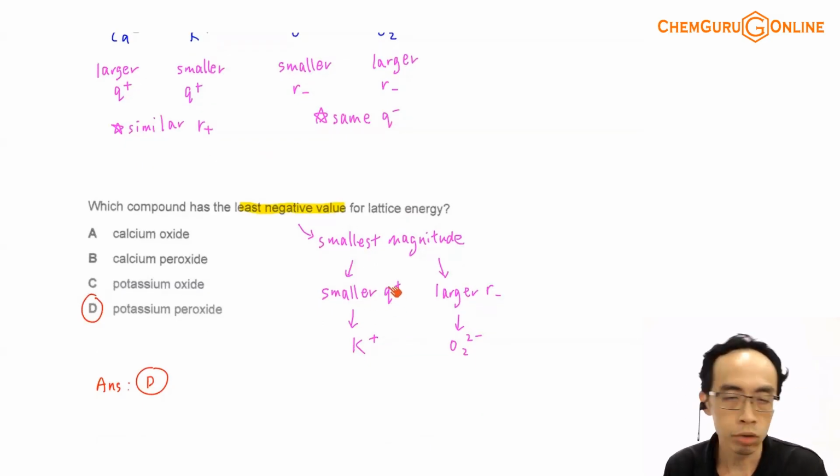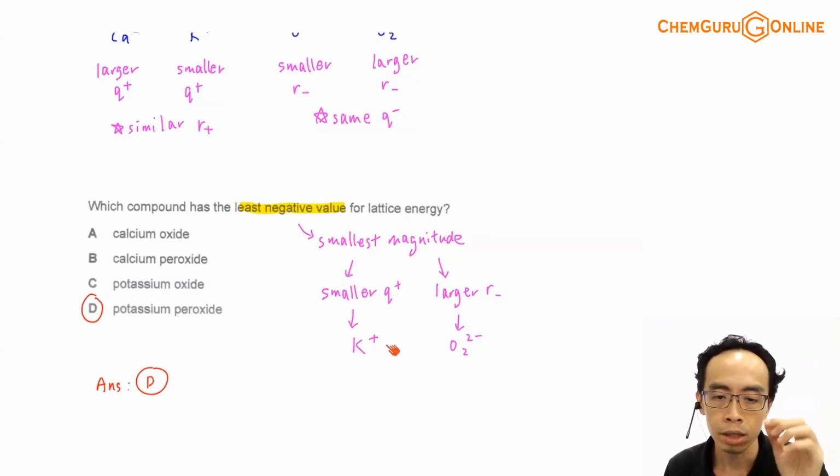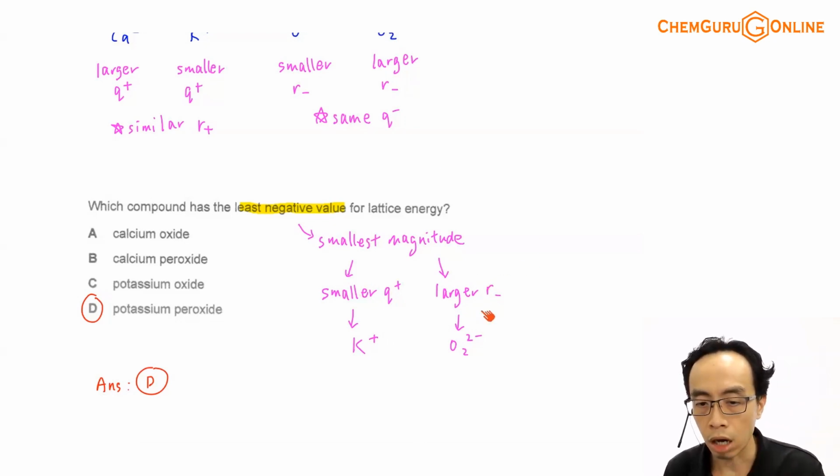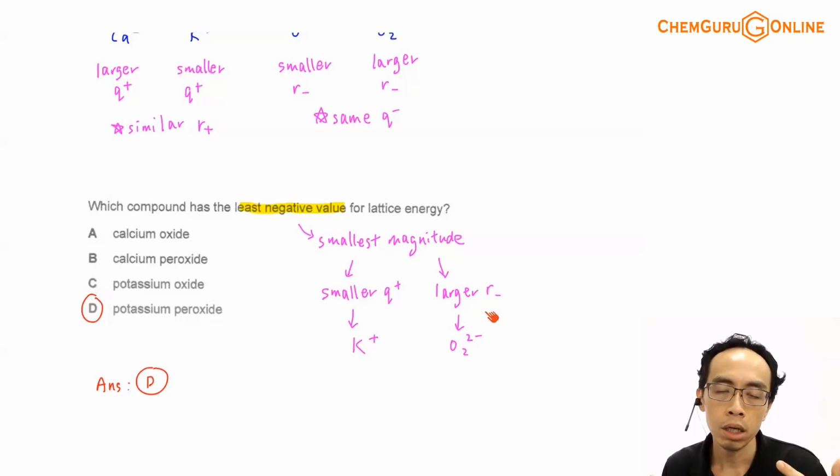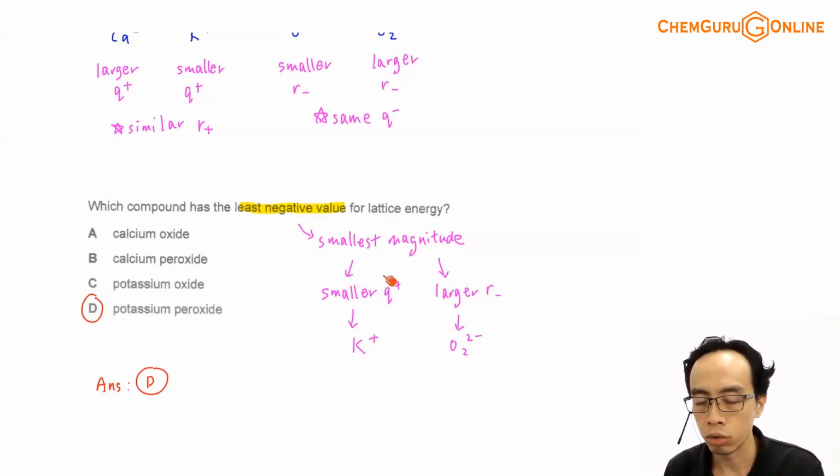Instead of calcium 2+, I'm going to choose K+, which has a smaller charge, so the numerator is going to be smaller. Then I want the bigger R minus so that it gives me a bigger denominator. So I should be choosing K+ and O2 2- peroxide. The compound that should have the smallest magnitude of lattice energy is potassium peroxide. So the answer in this case would be option D.